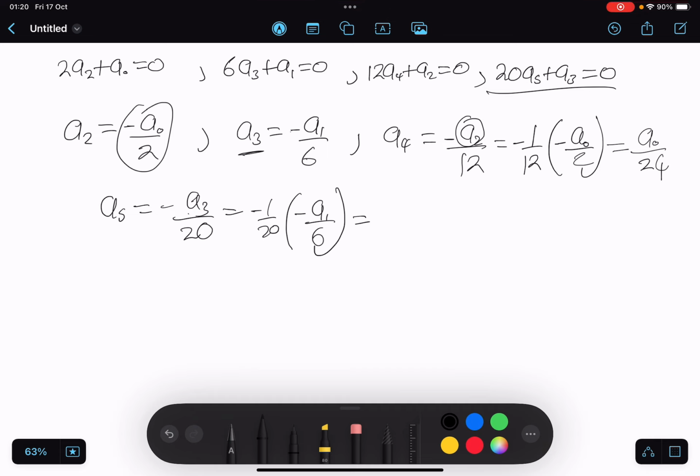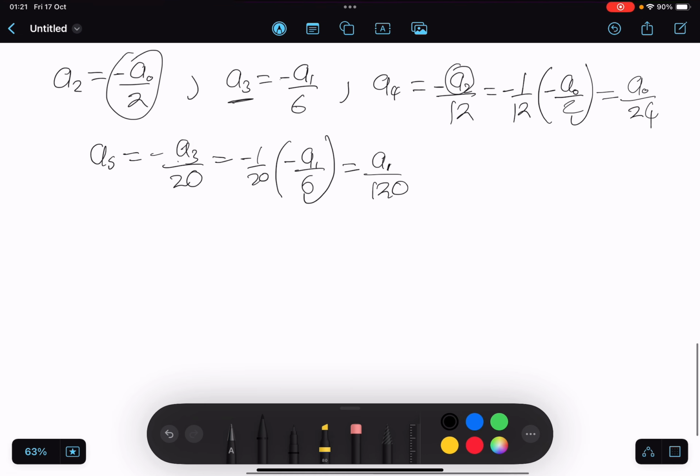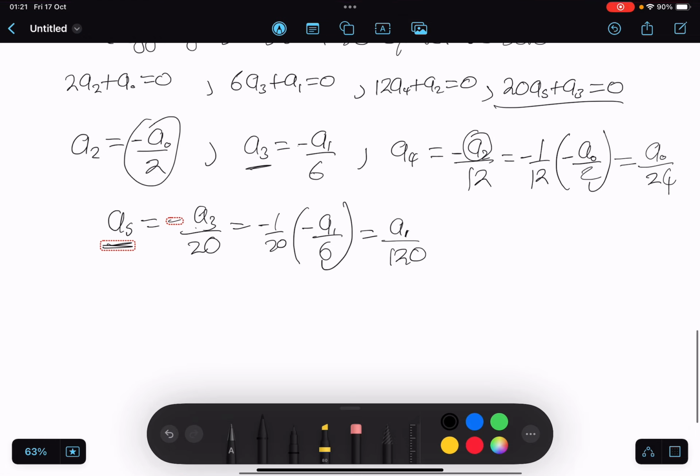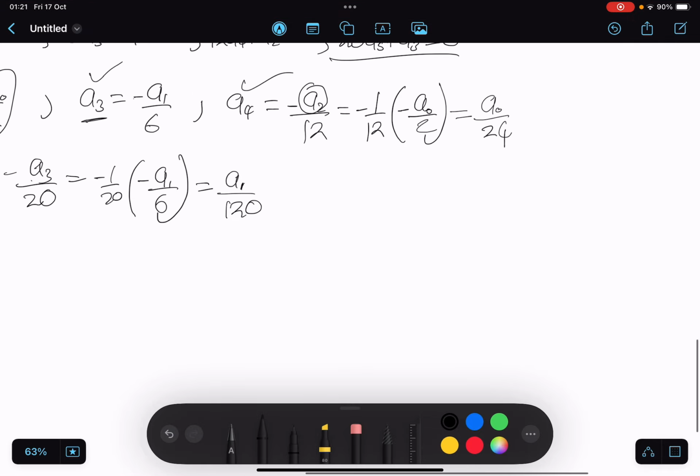So we can further simplify this to a1 over 120, if I'm not mistaken. So now a5 is a1 over 120. Now we have represented these coefficients, these constants, in terms of a0 and a1, right?